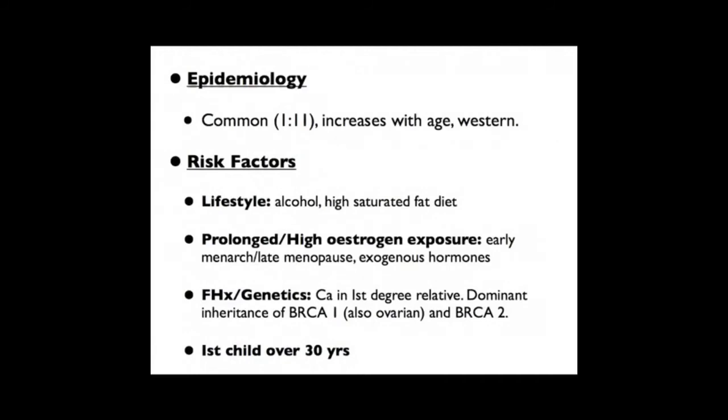In terms of family history and genetics, having breast malignancy in a first-degree relative is a very high risk for the development of malignancy in that person, as are certain genes. These genes, BRCA1 and BRCA2, have a dominant inheritance, and BRCA1 is also associated with ovarian malignancy. The final risk factor is having a first child over 30 years.